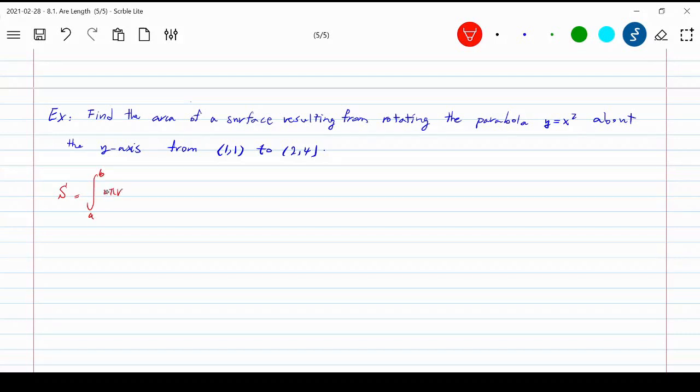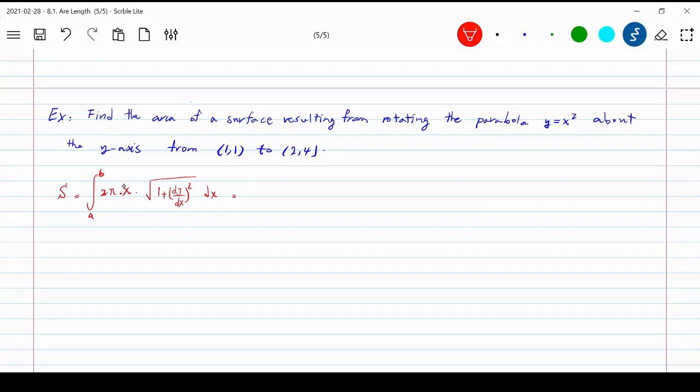Always try to write the steps down before replacing these. So 2 pi times, instead of y, I should replace x because the radius now is x, and multiply by square root of 1 plus f prime, or in this case dy over dx, squared, dx.